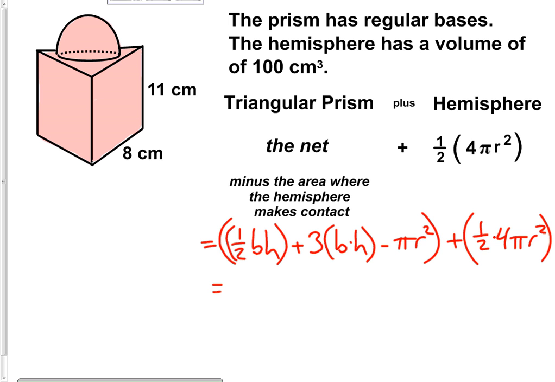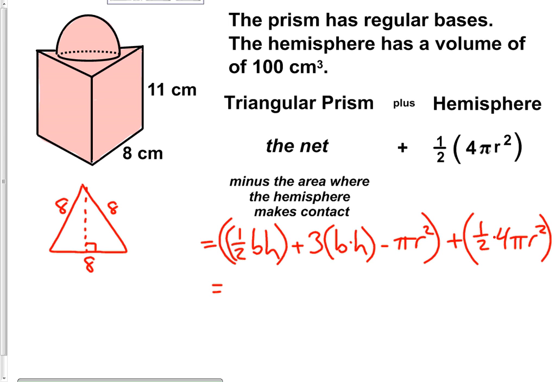Okay, so let's see if we can plug some numbers in here. The triangular base. Let's pull that triangular base off of there. The problem did tell us it has a regular base. So there's our triangular base. And if you remember what I told you about your isosceles triangle here, you have all kinds of rules that are in play.